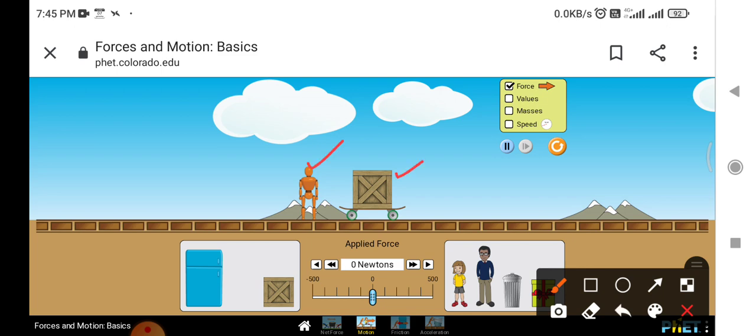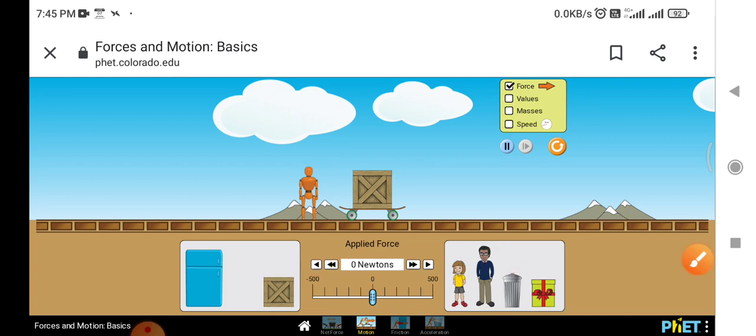One man and some different objects are given, and here they give the Newton's value, and they give the values of speed and mass. Now we will play. First we can choose the values, masses, speed.